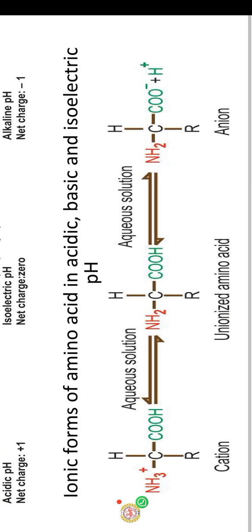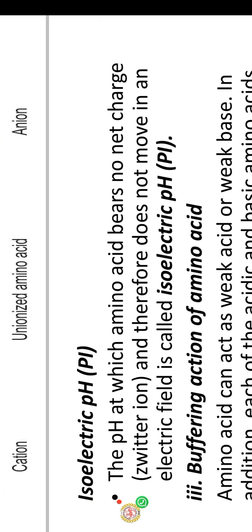Then we see isoelectric pH. When equal numbers of positive and negative ions are present at a particular pH, in any solution that has an equal number of ionic states, the pH of that solution is known as isoelectric pH.